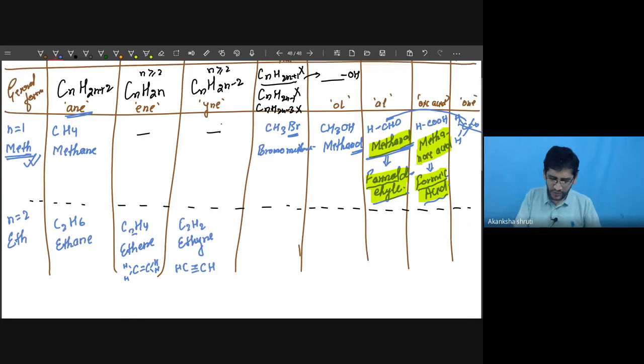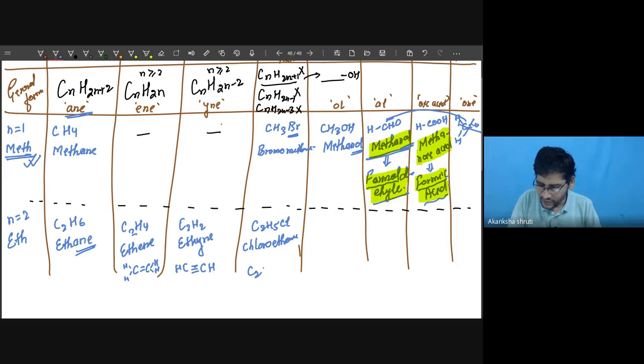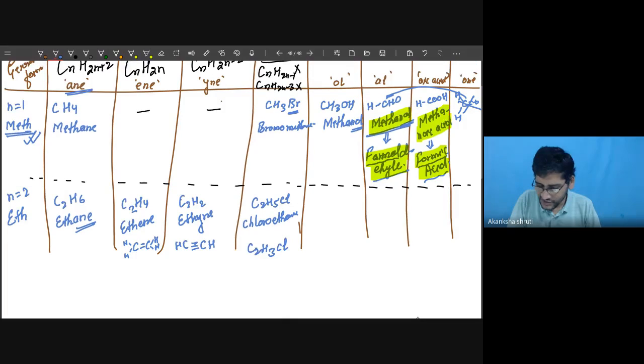Considering the halo group, a student, if we have C2H5Cl, it is of the alkane group, it will be called chloroethane. By the way, if it is C2H4, and from this Cl is attached, so C2H3Cl means the structure is like this.